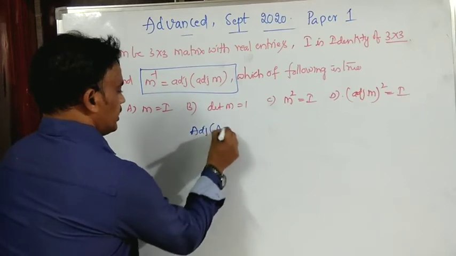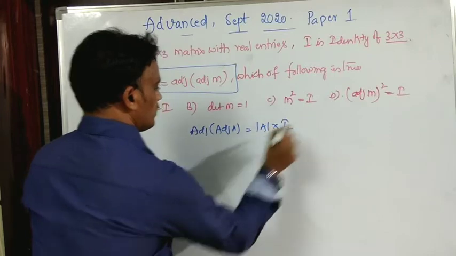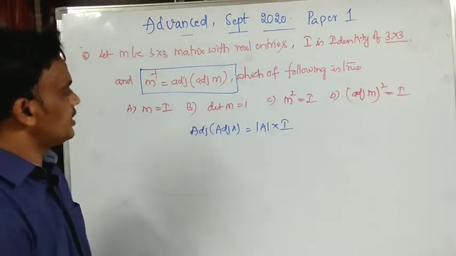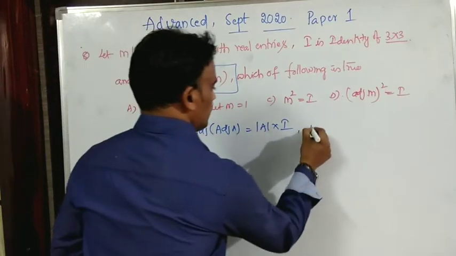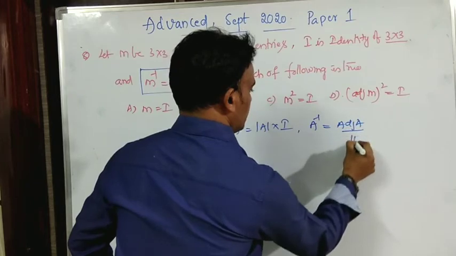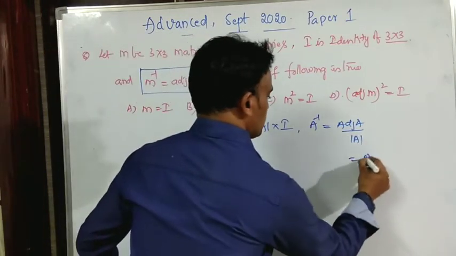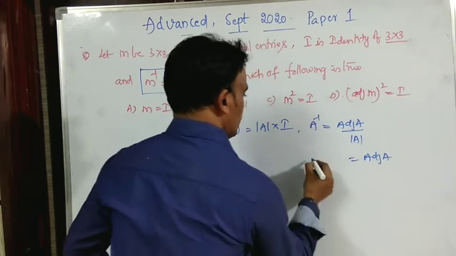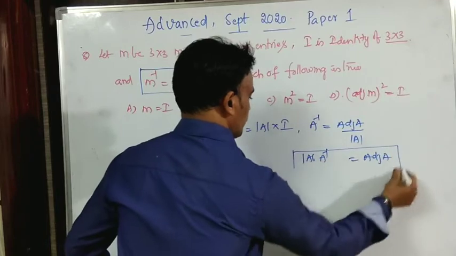We have adjoint of adjoint A equals det A into I. Am I right or not? And we have one more: A inverse equals adjoint A by det A. So from this we can write adjoint A equals det A into A inverse.